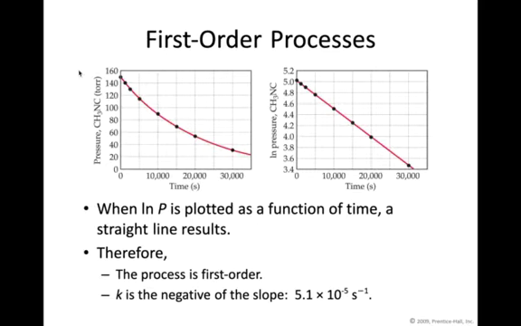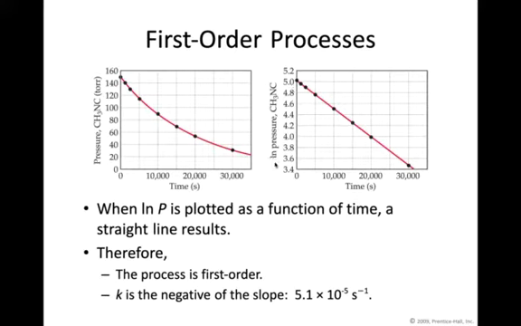Here's a quick reminder that you can determine the order of a process by looking at its graph. So for a first order process, we see that the concentration or pressure decreases as time moves forward and we use up our reactant.